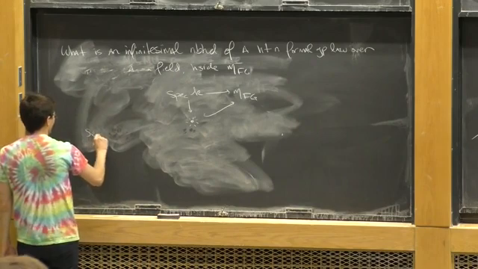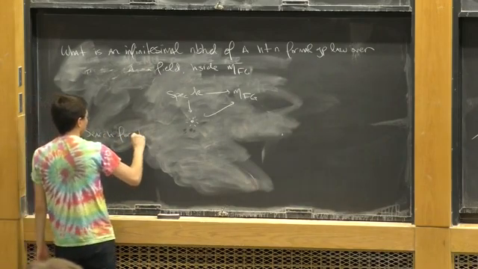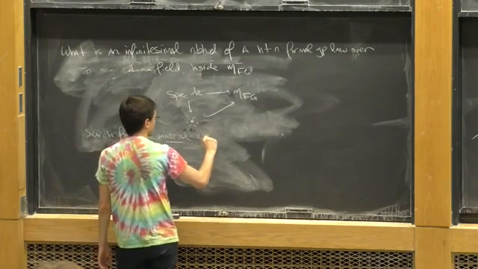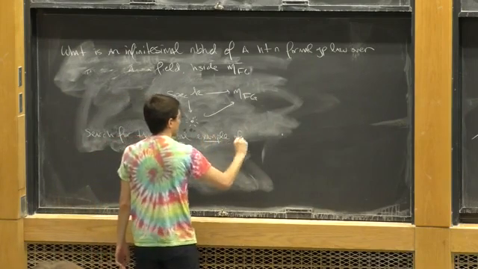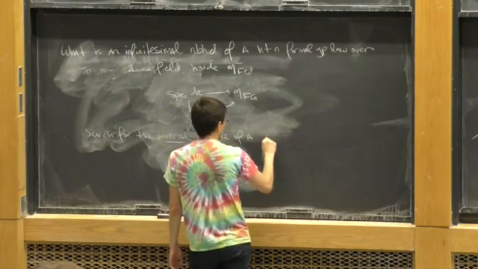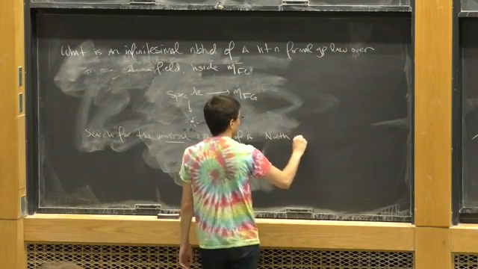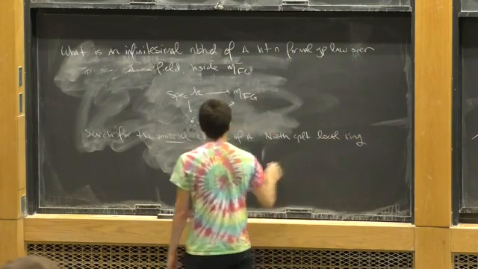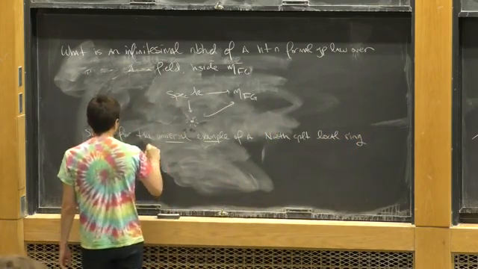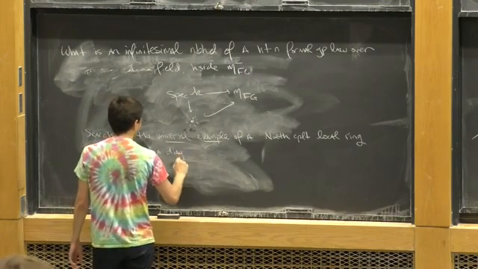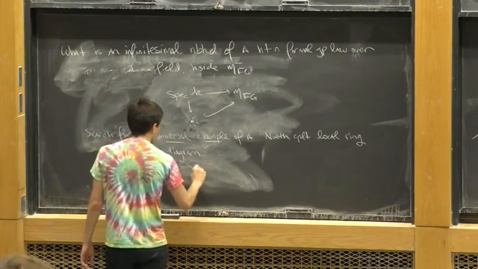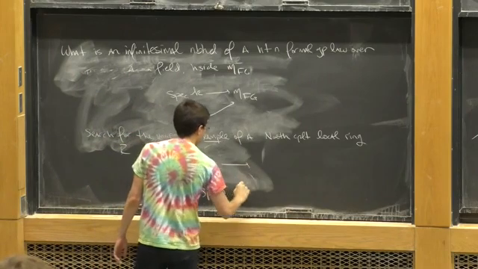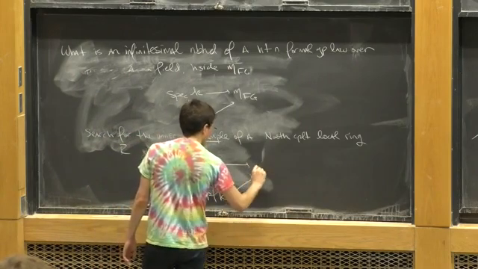So search for the universal example of a Noetherian complete local ring R with a diagram Spec K to Spf R to MFG.